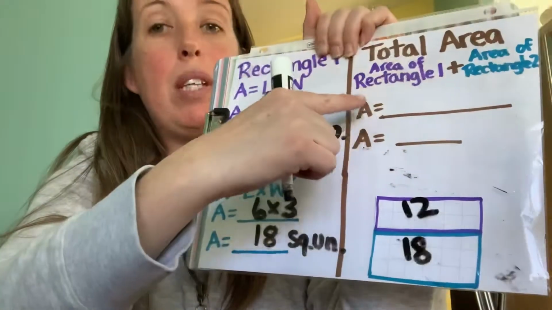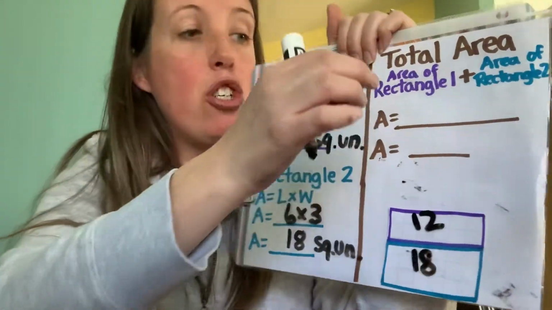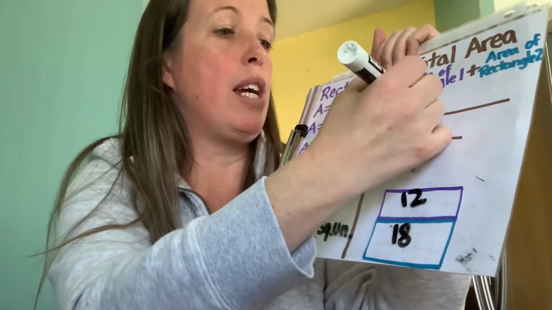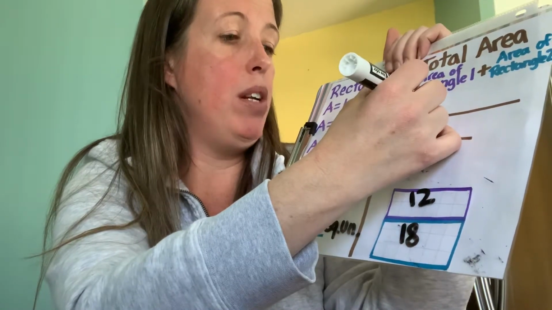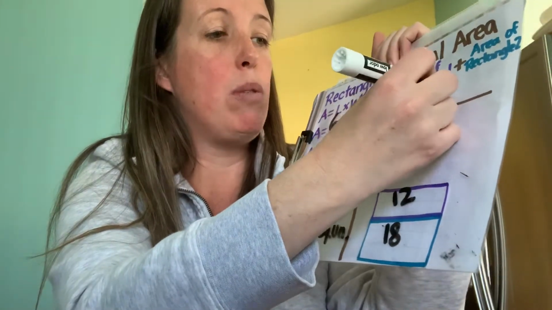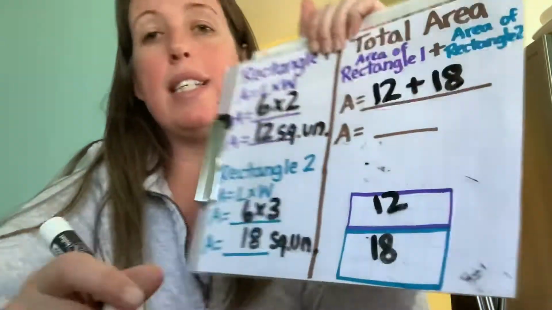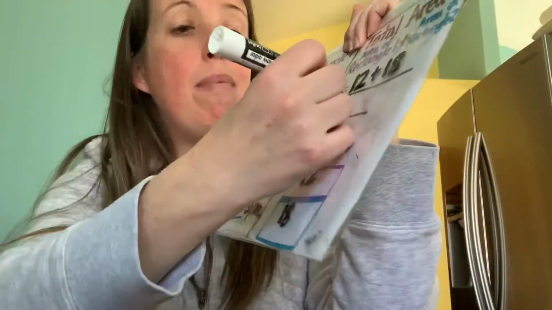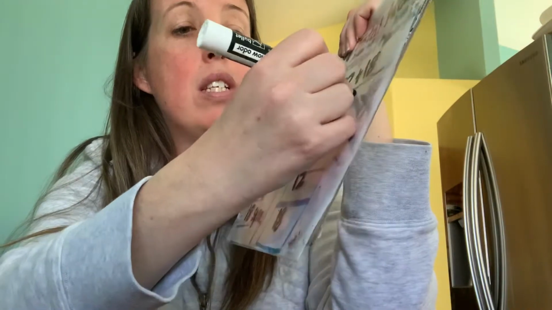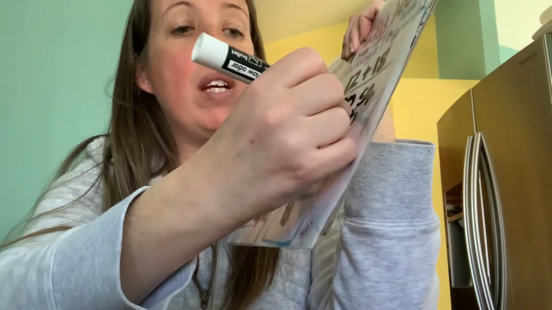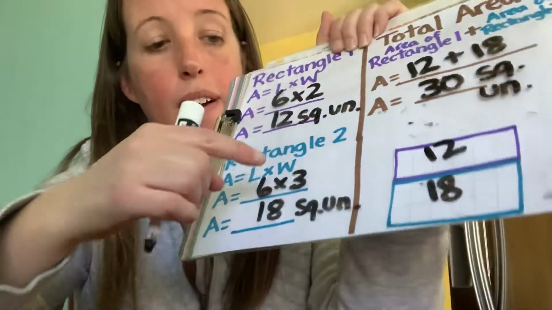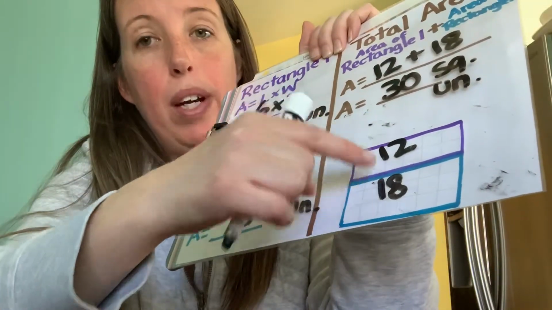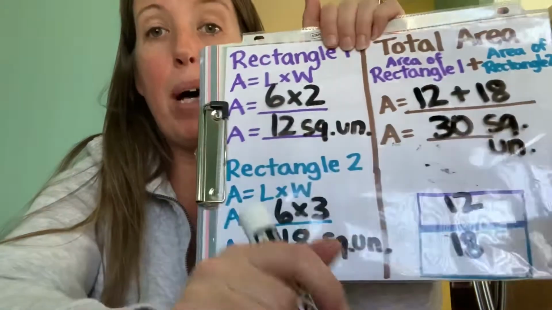What I want to do is combine them by using addition. So I'm going to first take area of rectangle 1, 12, plus rectangle 2, 18. When I add 12 plus 18, my answer is 30 square units. And if I wanted to check, I could count 1 by 1, and altogether I'd have 30 boxes.